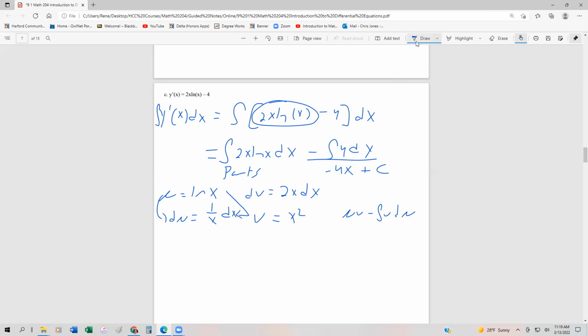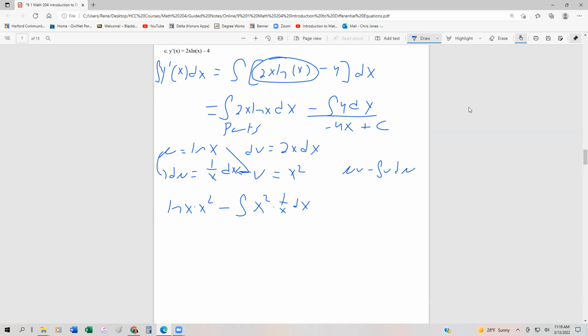So this is going to be ln of x times x squared, minus the integral of v du, which is x squared times 1 over x dx. If we simplify this, I'm just going to write the x squared out front.